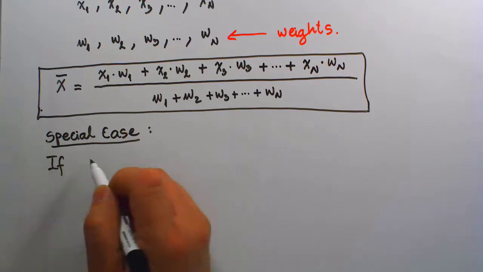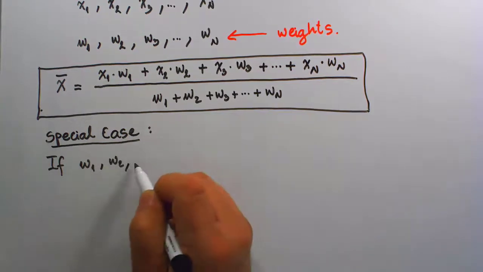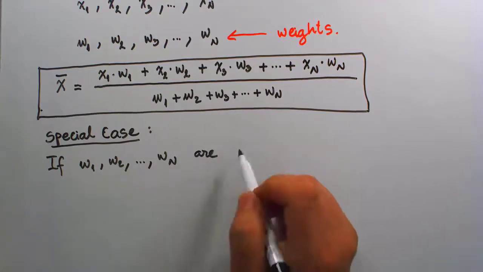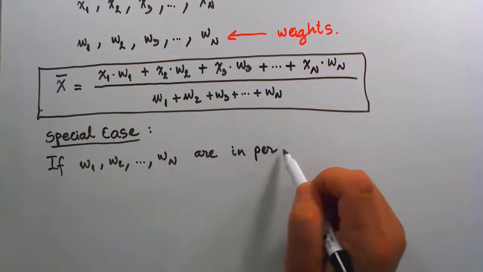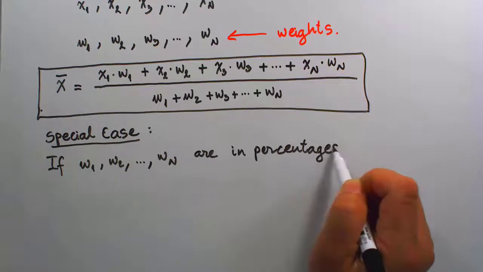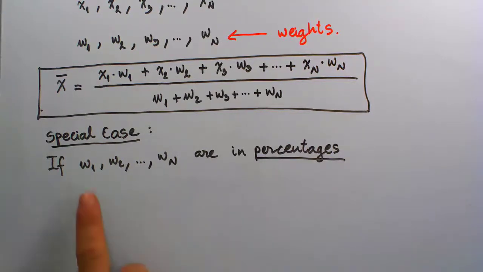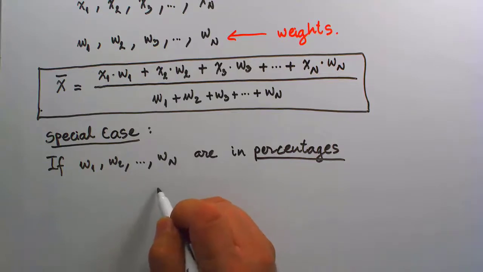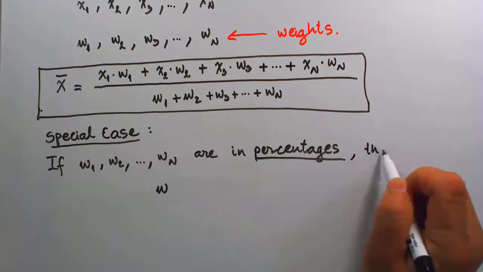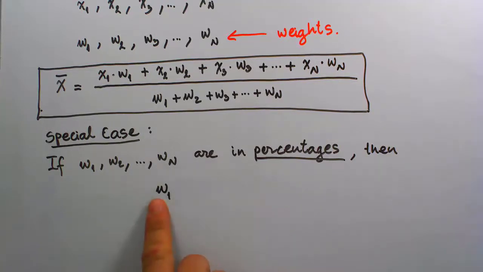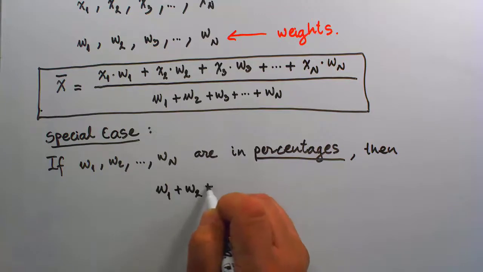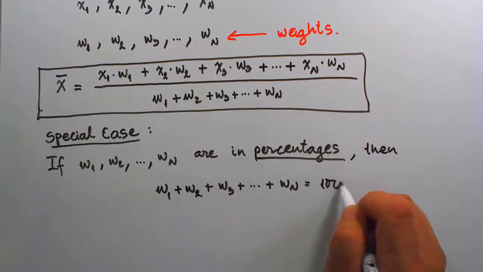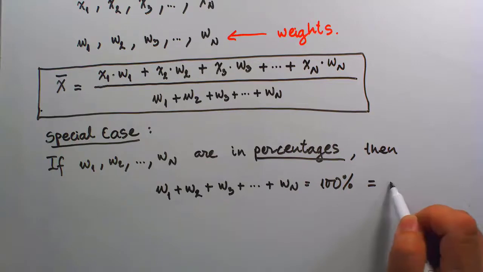Our special case is that if those weights W1, W2, all the way up to Wn, are expressed in percentages, then keep in mind one thing: expectedly those weights W1, W2, W3, and so on, will total up to 100%, and in decimal equals 1.